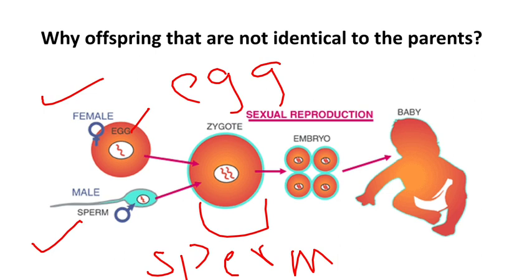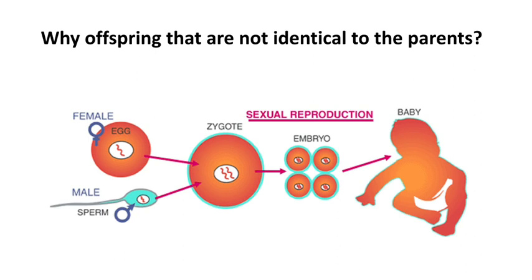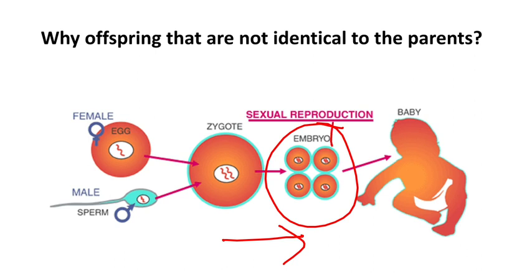This zygote would then form the embryo, and this embryo will grow, and by the 9-month time period, it will give rise to the new organism, which is an infant in the case of human beings. So this is how the whole process goes.